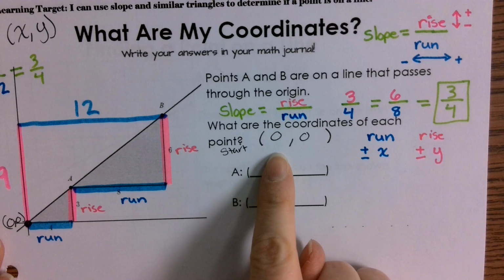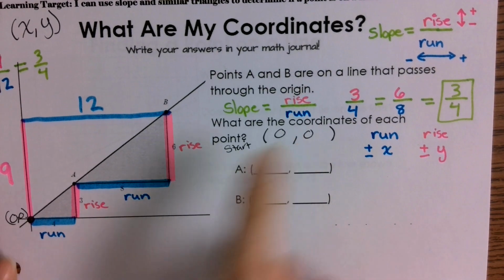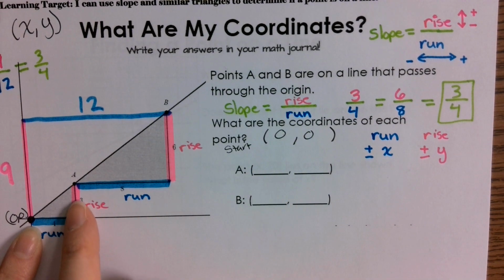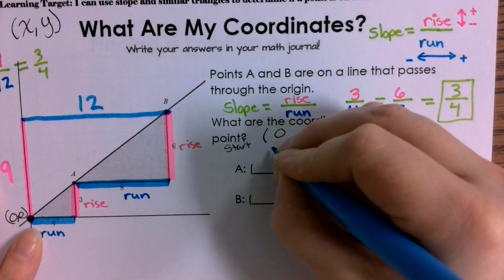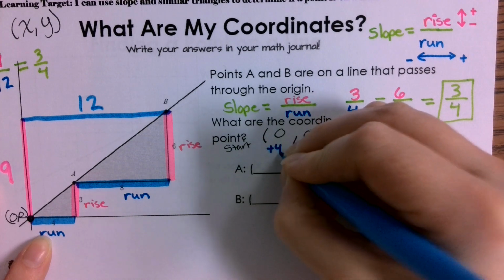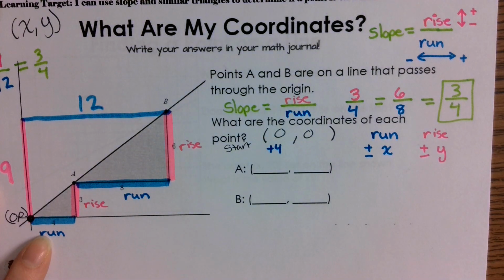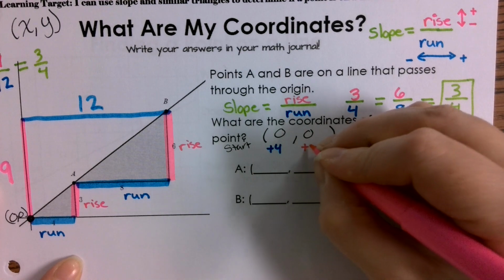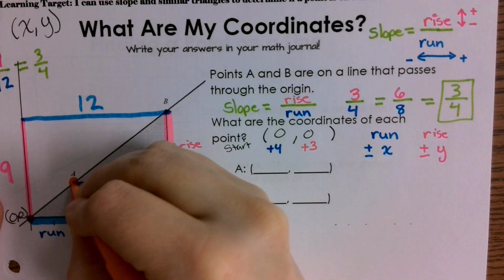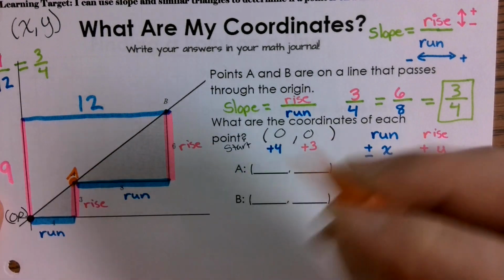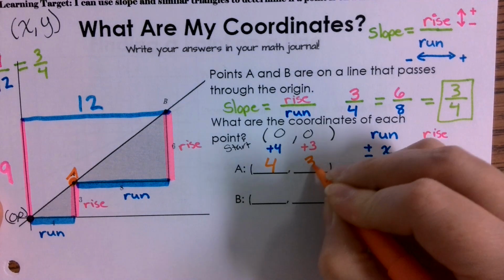So if we know that we're starting at 0, 0, and then I did a rise of 3 and a run of 4, then I can go ahead and say, hey, I'm going to add 4 to my x, and I'm going to add 3 to my y, and that's going to get me to my next point, point A. So the coordinates for point A are 4, 3.